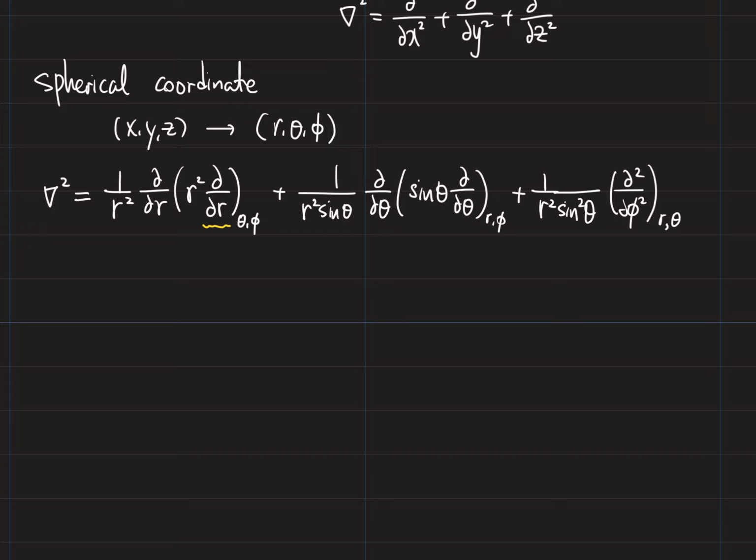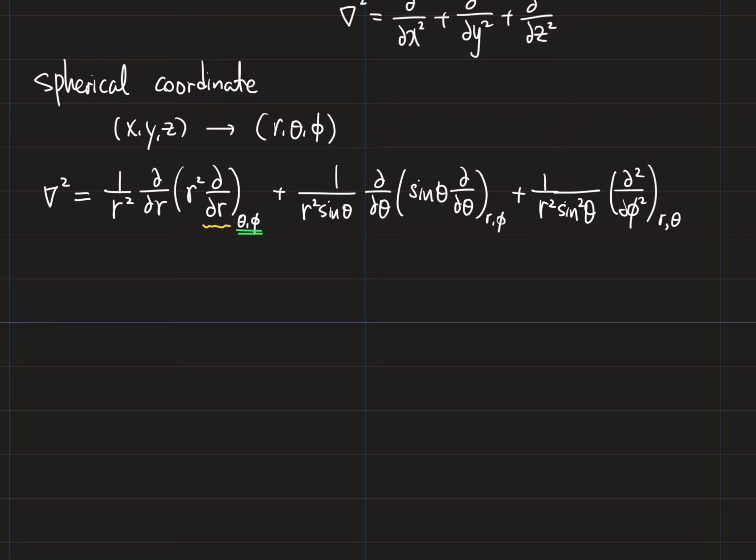While we are taking the derivative with respect to the distance r, we need to fix the two angles, theta and phi. So this subscript denotes which variables are fixed during the differentiation.